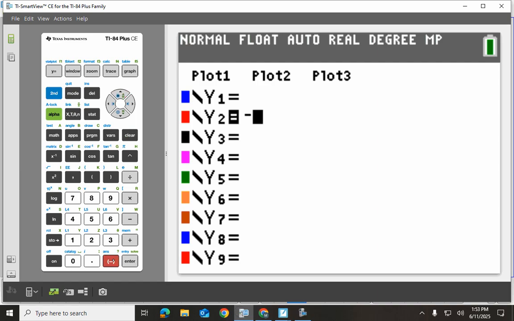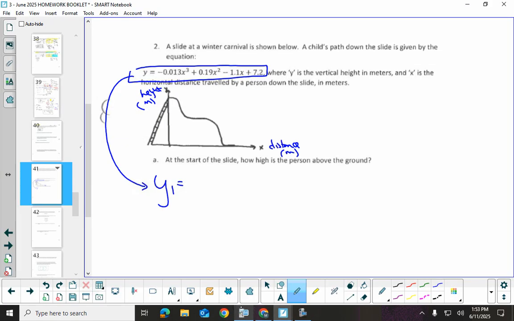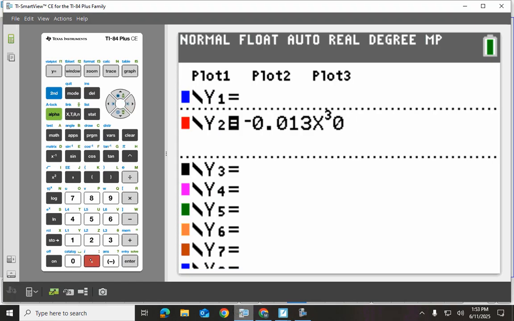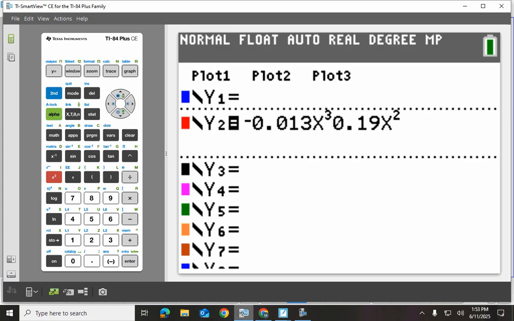Okay, so negative 0.013 x cubed, plus 0.19 x squared, negative 1.1x, plus 7.2. Oh, I forgot a plus sign there.